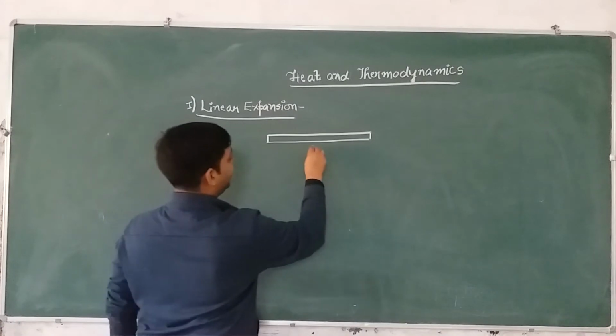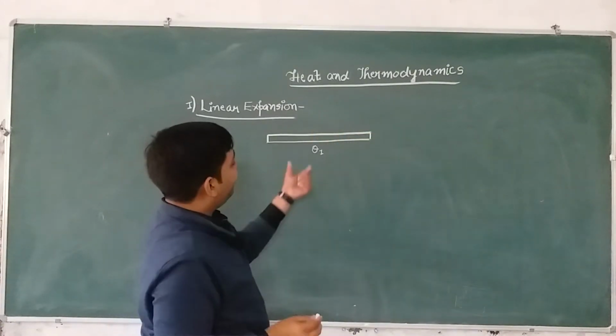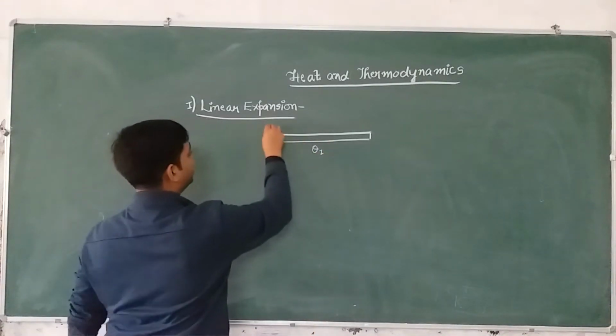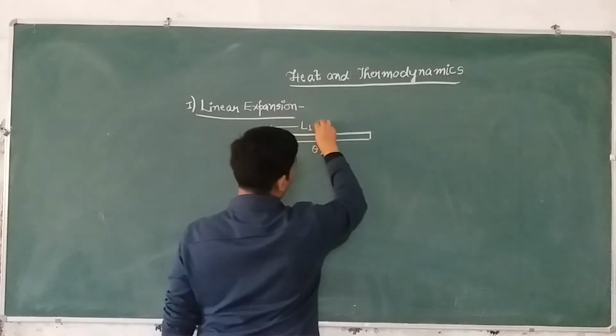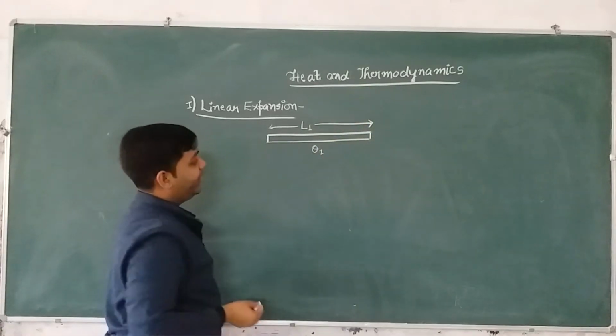When the temperature of this rod is theta 1, the length of the rod is say L1. This is the length of the rod initially.